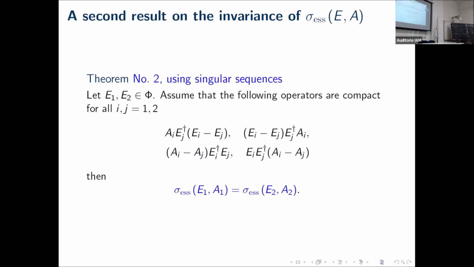They are normed to 1 and go weakly to 0. If you use this, you get a somewhat different result. And again, the result is that the essential spectrum won't change.